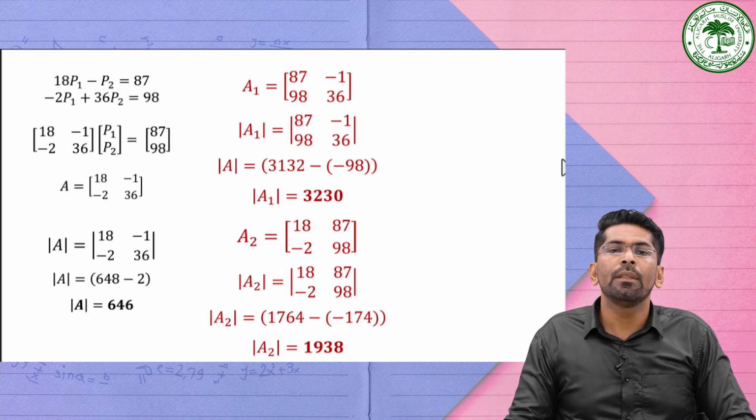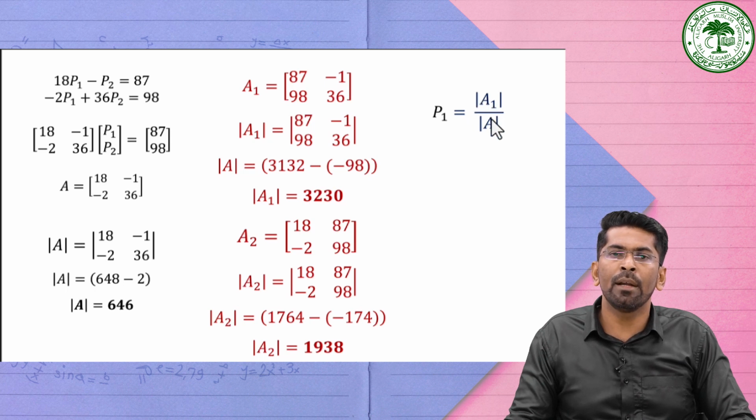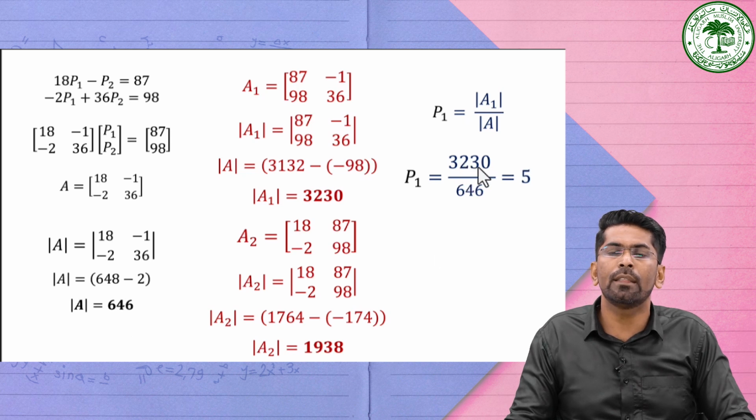Here P1 is equal to the determinant value of special matrix 1 divided by the determinant of A. The determinant of special matrix A1 is 3230, divided by the determinant of A, that is 646. So 3230 divided by 646 is equal to 5.